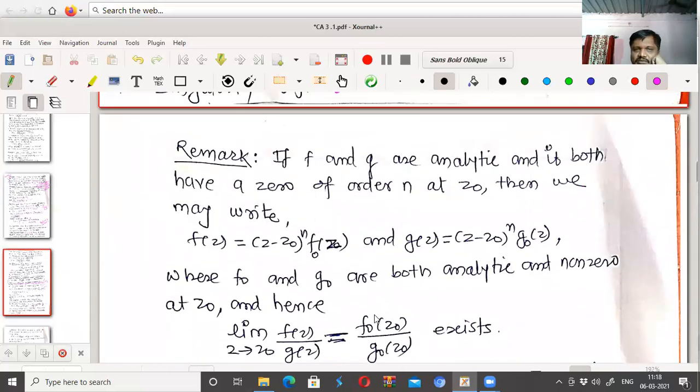Now, we have one remark. If f and g are analytic and if both have a 0 of order n at z0, then we may write f of z equal to z minus z0 to the power n into f0 of z. This is straightforward.